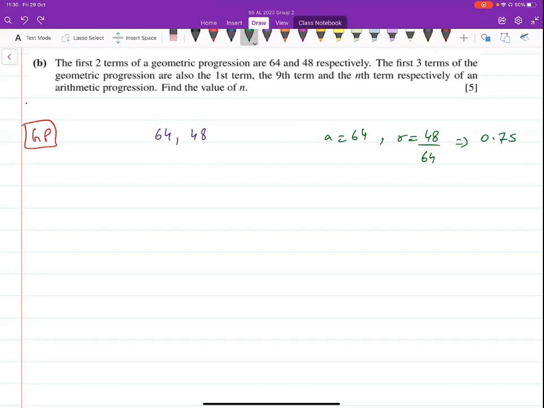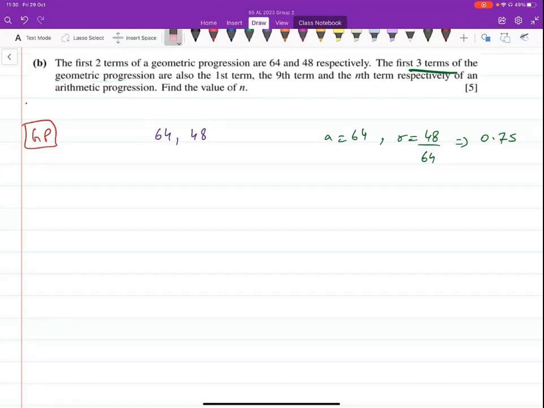Now it says the first three terms of the GP are also the first term, the ninth term and the nth term respectively of an AP. Find the value of n. Okay, first three terms of the GP. We only have the first two terms right now.